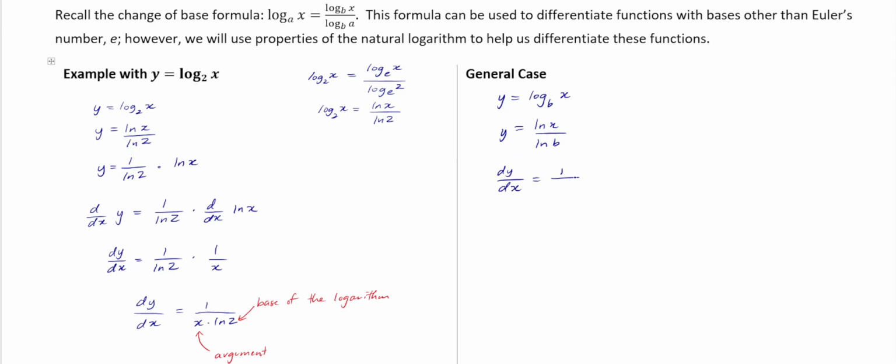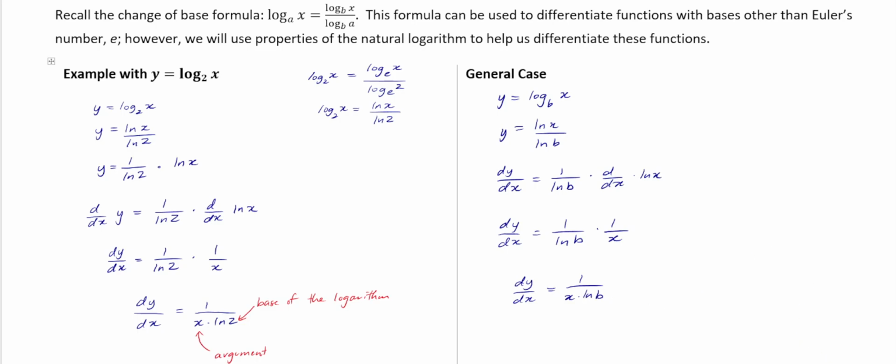I know that 1 over ln b is just going to be a constant times the derivative of ln x. So the derivative in the general case is equal to 1 over the natural logarithm of whatever the base of the logarithm was, times 1 over the argument. So my general case is dy/dx is equal to 1 over x ln b.